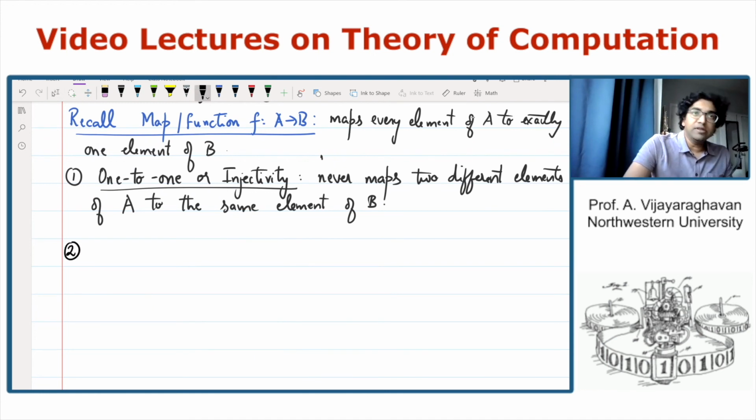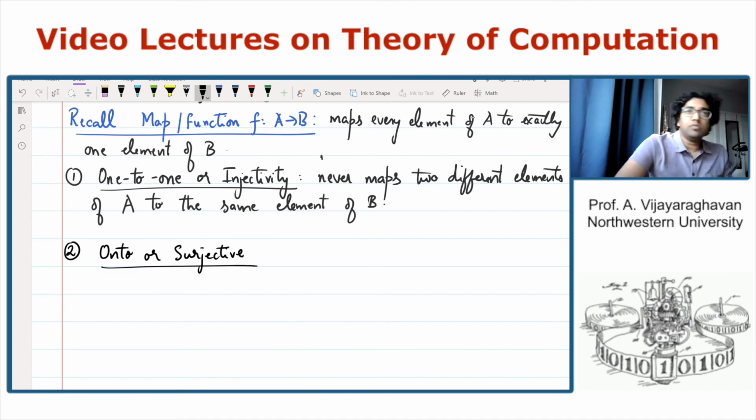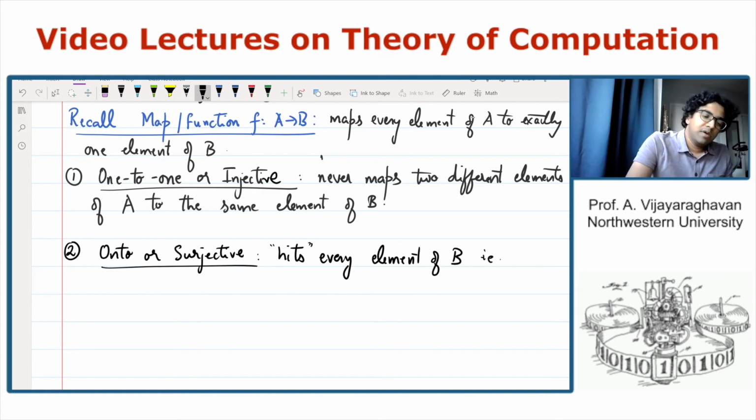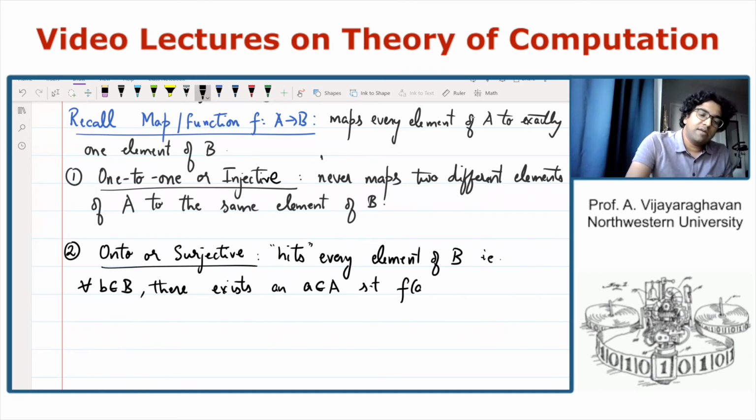The second term is onto maps. A map is called onto or surjective if it hits every element of B. More formally, if for every element small b in the set capital B, there exists some element a such that f of a is equal to b.